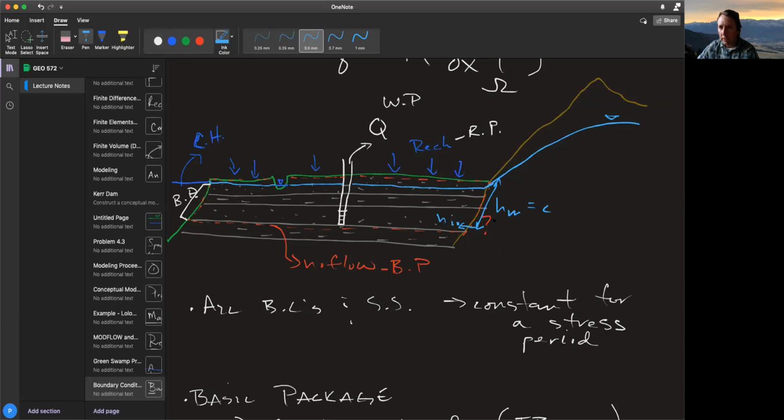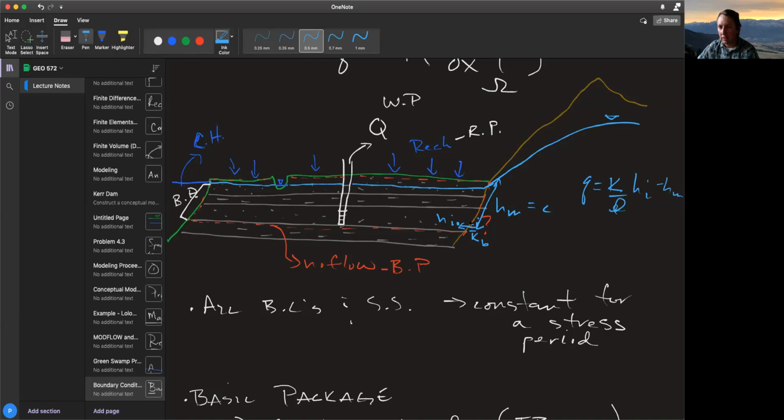If H sub I is lower than the mountain, then it will transfer, and it has to move it through bedrock right here. So we've got this K bedrock. And so if I knew H sub I at some time, I could calculate the flux in here as Q is equal to K over L times H sub I minus H sub M, right?